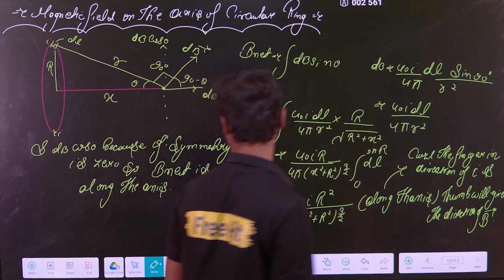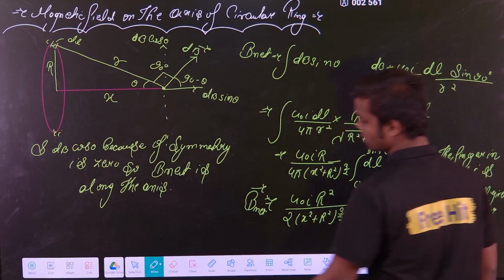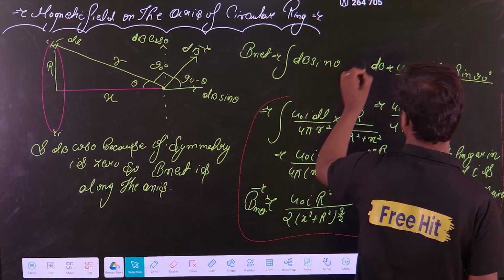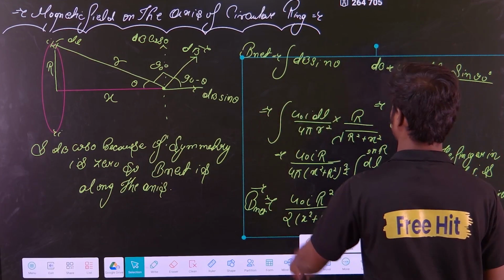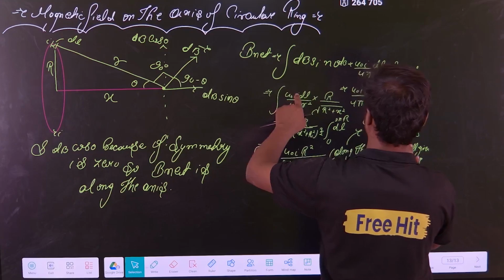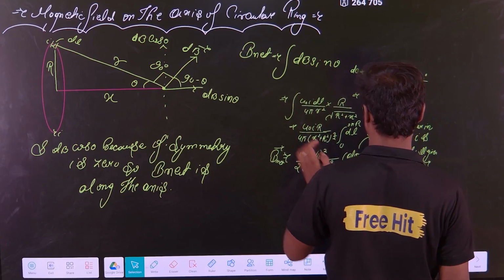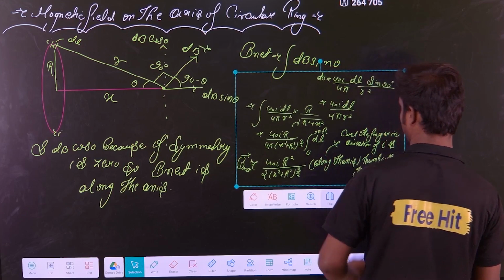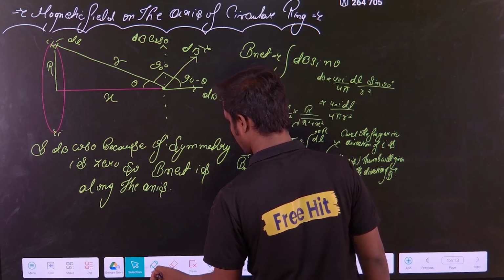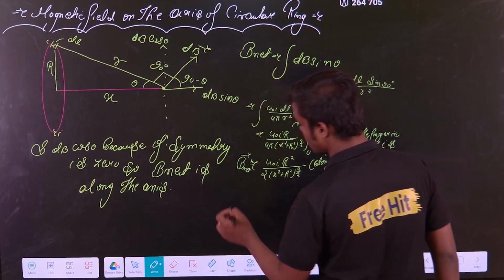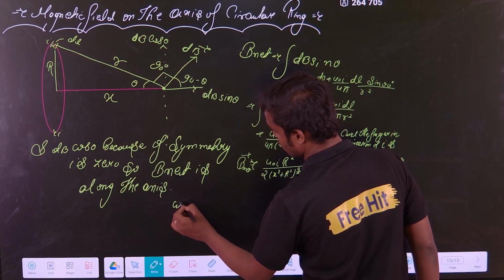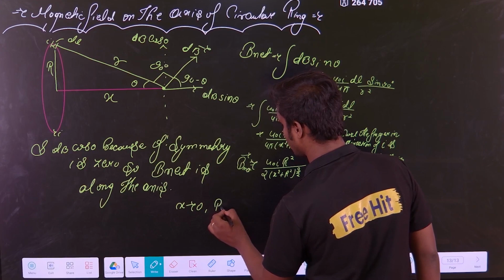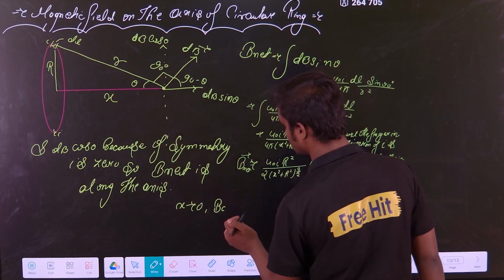See, in this case, let me ask you one thing, let's see whether you are able to tell or not. This is visible? Okay. What if my x is equal to 0, then my B will become the field at center, correct?